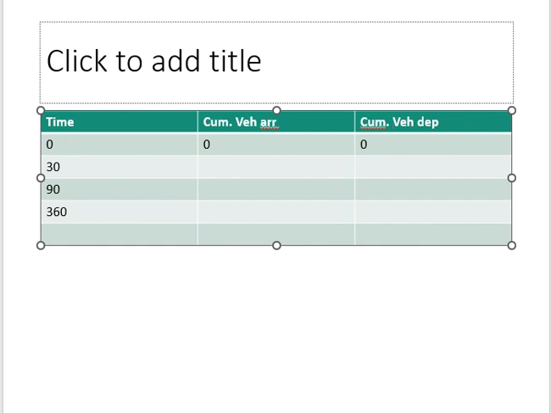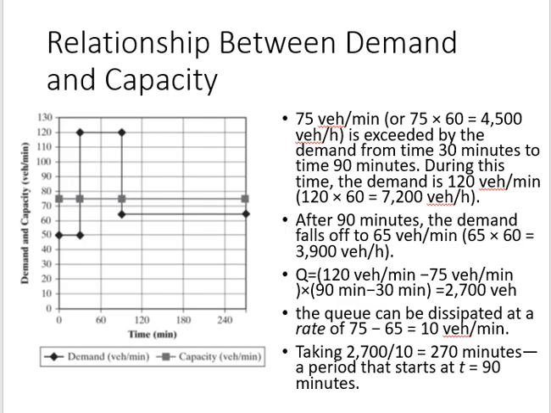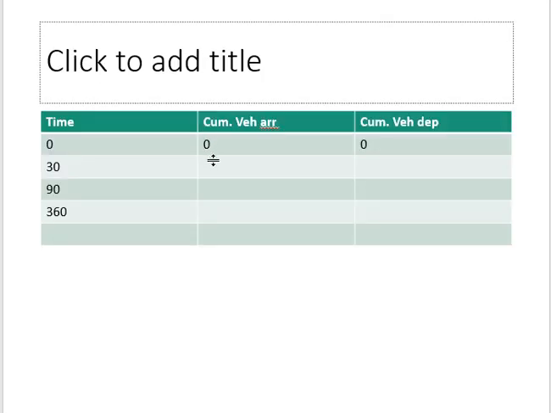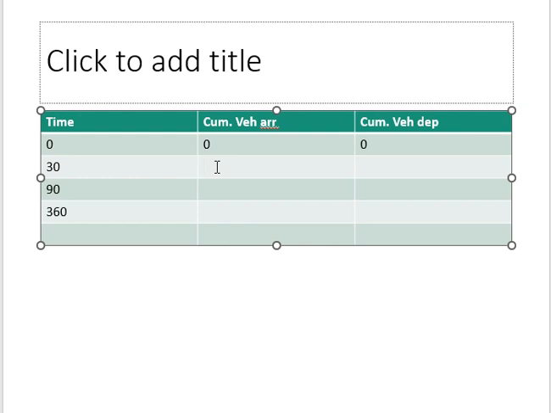How many vehicles arrived? 50 per minute. So 0 to 30 means 30 minutes, and every minute 50. Let us fill this column first, it's easier. We'll move on to the other column next.